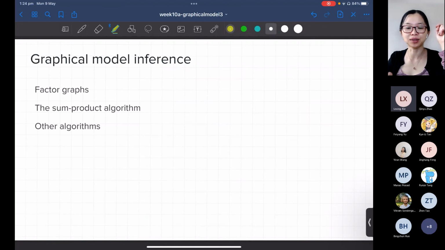The table of contents is really short. We defined factor graphs. We looked at the sum-product algorithm in some detail, with an example over again. We did a bunch of talking about the properties of sum-product and related algorithms. So that's all of today's content.